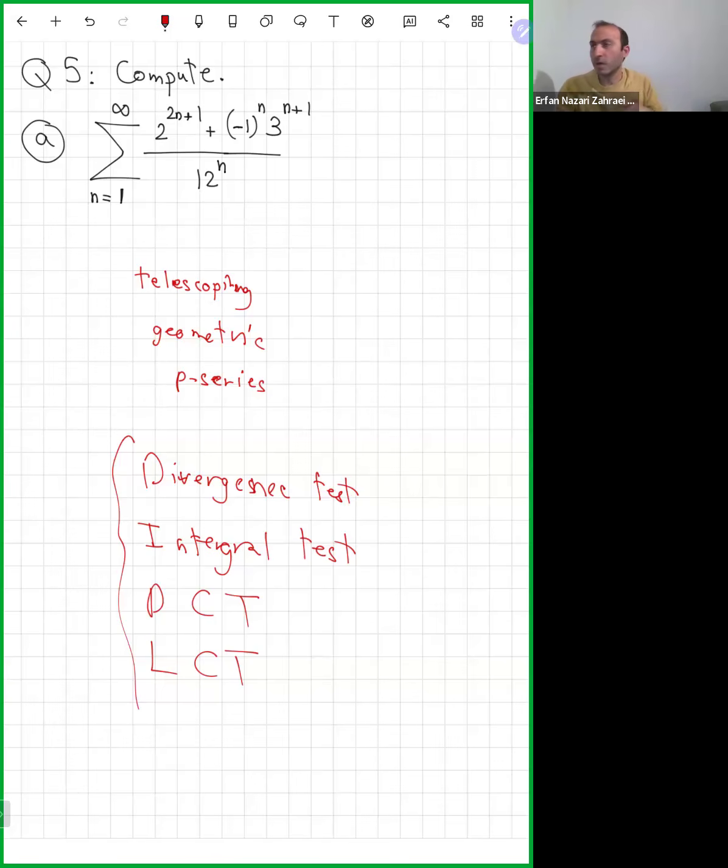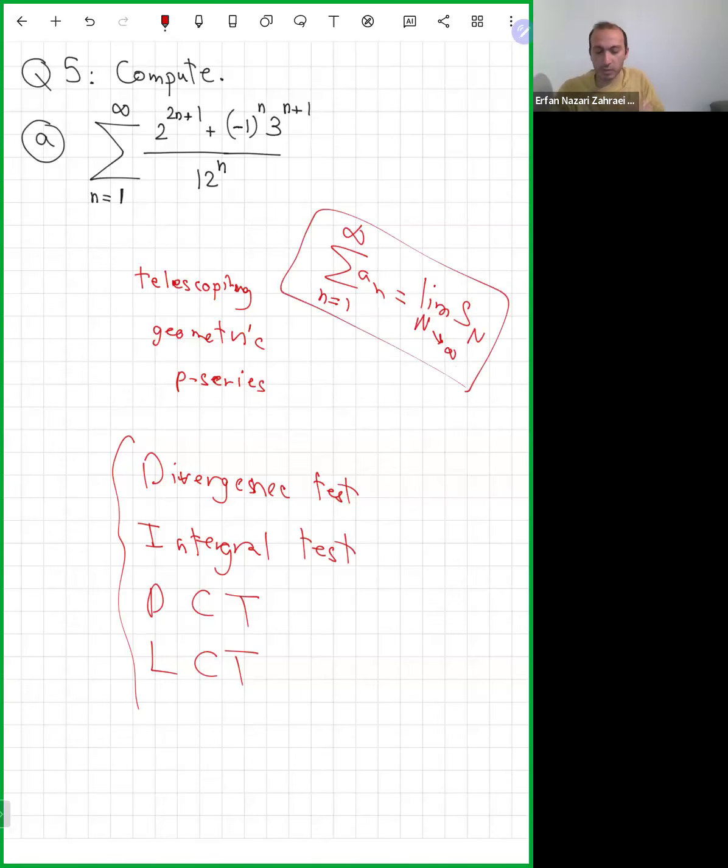Note that when you use tests, you only get if the series converge or diverge. You never have a test to compute the exact value of the series. The exact value of a series, which by definition is given by the limit of its partial sum as n goes to infinity.